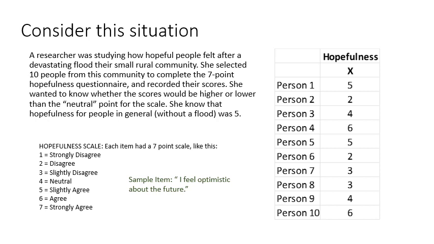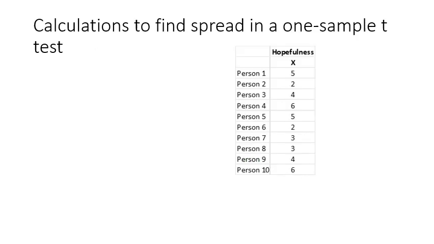So we're going to go on and calculate the estimated standard deviation. These are the calculations to find spread in a one sample t-test. You'll see here the hopefulness scores that we described in the last sample. So the first thing we do is find the sum of squares.